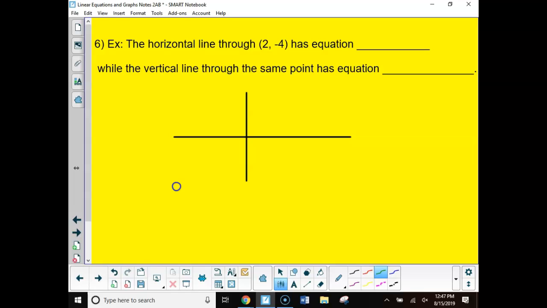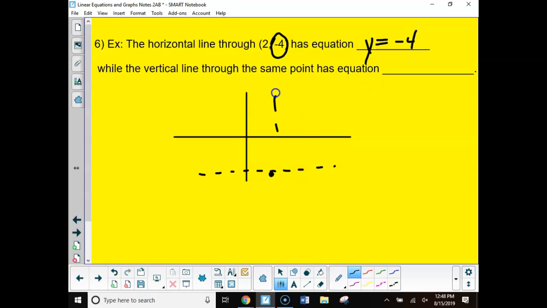We're going to quickly write an equation of this. If we had plotted a point over 2 and down 4, how would we write the horizontal equation that went through there? Horizontal line has 0 slope, so it's y equals 0x, and this particular one has a y value of -4.